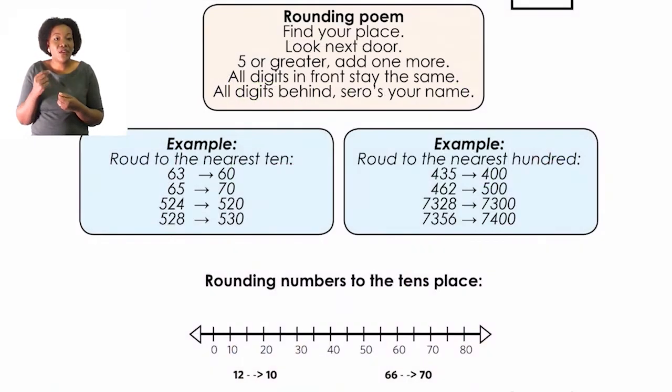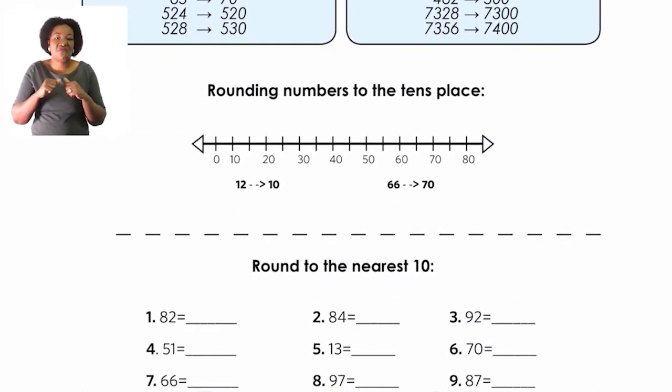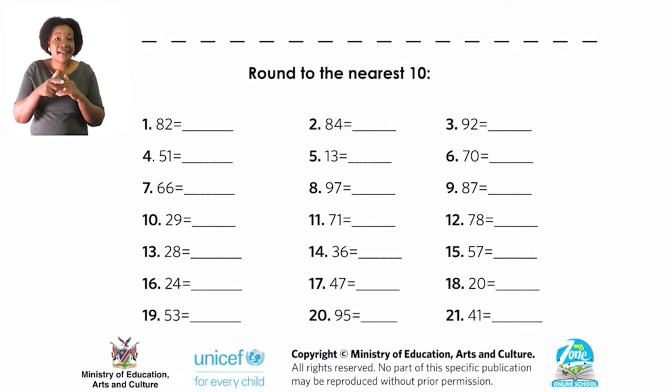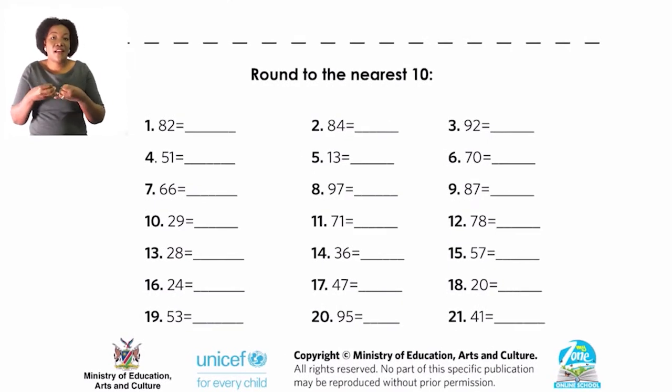There you have the examples to round off to the nearest 10 as well as to the nearest hundreds. But hundreds we will focus on during our next lessons. You have the number line there with your tens in it. And now down below you have an activity that I would like for you to complete.